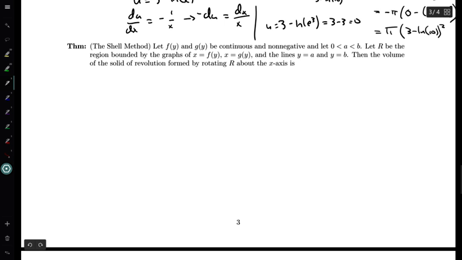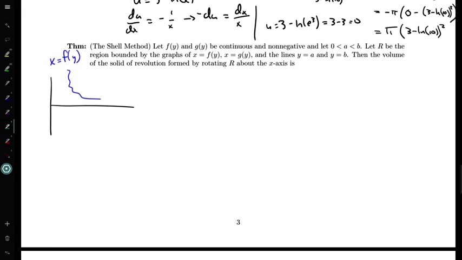So let's again take a look at this picture and think about what's happening here. If I have some function x equals f of y, maybe it looks something like this. Remember that if x equals f of y, we're making sure that this is a function by it passing the horizontal line test rather than the vertical line test. This is still the graph of a function of y, despite failing the vertical line test, because it passes the horizontal line test.